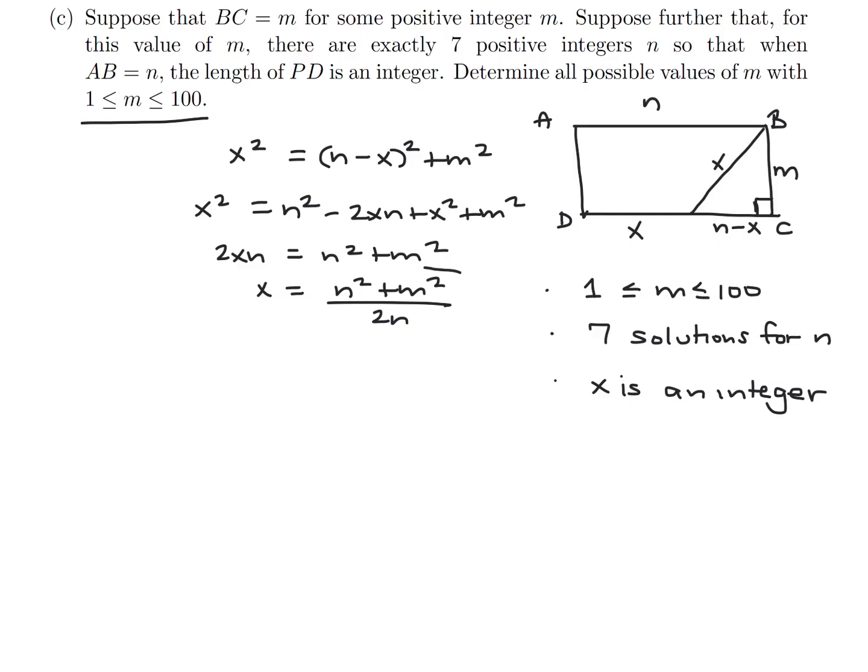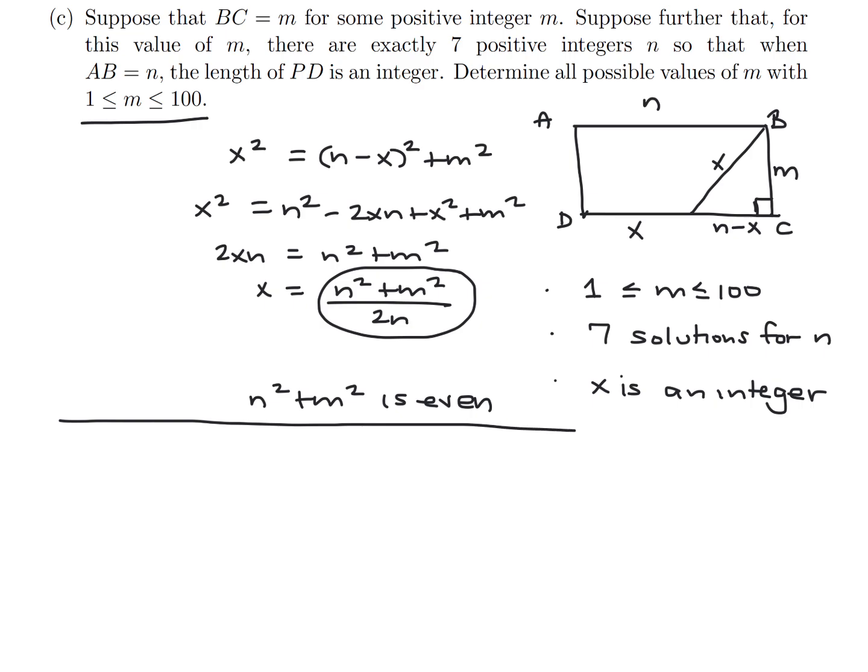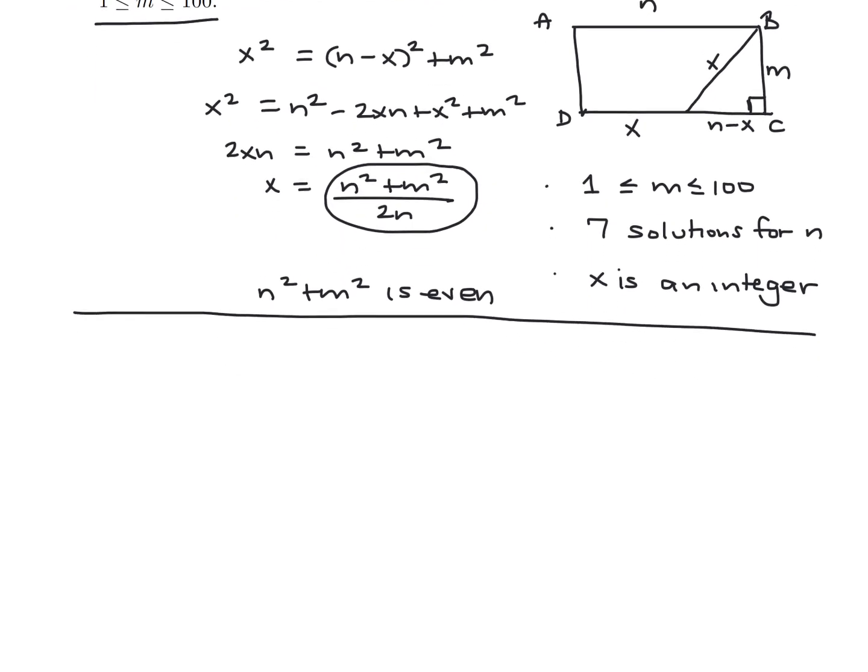Well, if we look at this right here, since n squared plus m squared divided by 2n is an integer, that means that it must be divisible by 2. So that means that n squared plus m squared is even. If it's even, then we have 2 possible scenarios here.